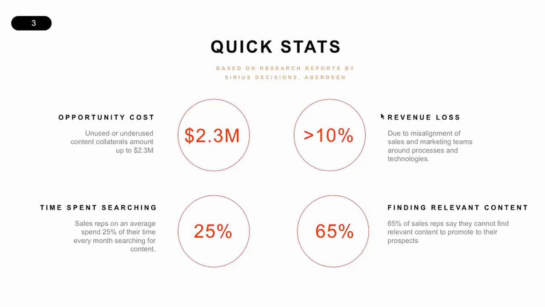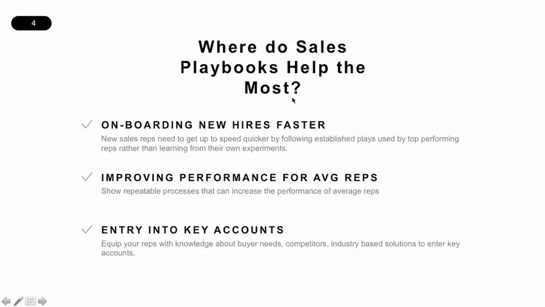So going on to where sales playbooks help the most. Sales playbooks help you onboard new hires faster because you're giving them a single place where they can quickly learn about your company, your products, your features, and at the same time, they can even mimic top performing reps, their behaviors, and quickly learn the ropes of the new organization.